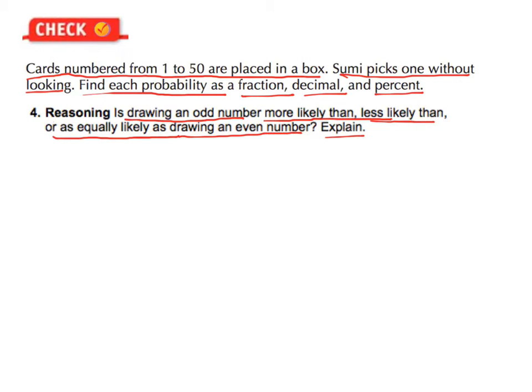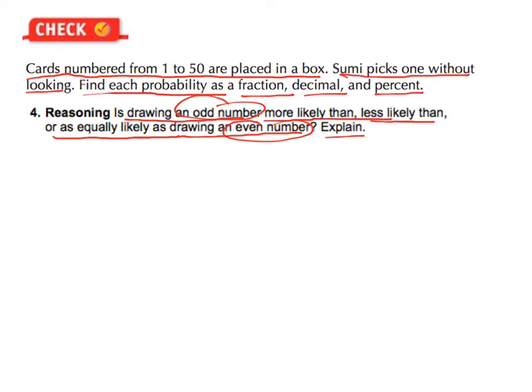Explain. You have a deck of cards, so 1 to 50. Will the probability of drawing the odd number card be greater than even number, or will it be the same?